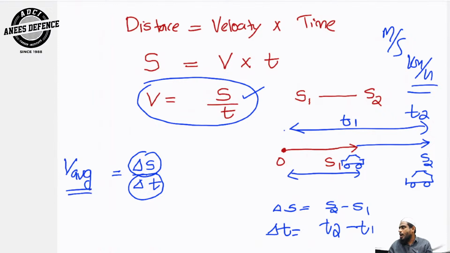V average. Average velocity is equal to total change in distance by total time difference. That is average velocity.